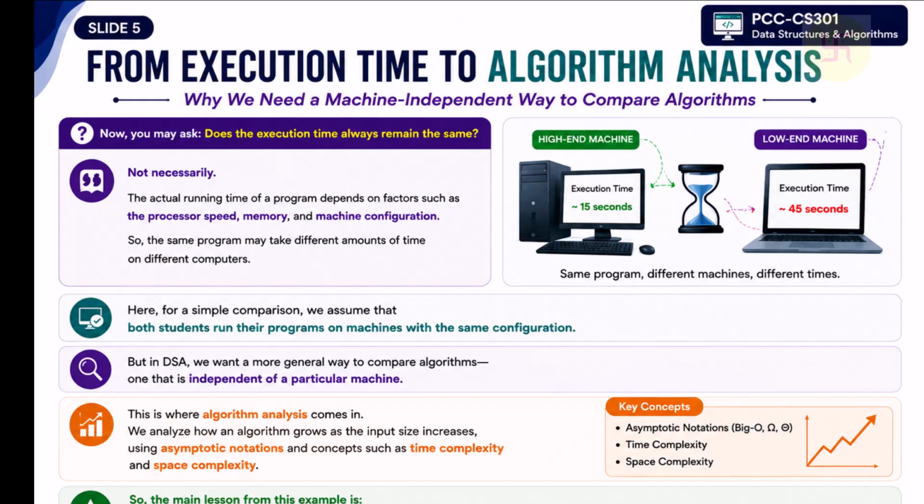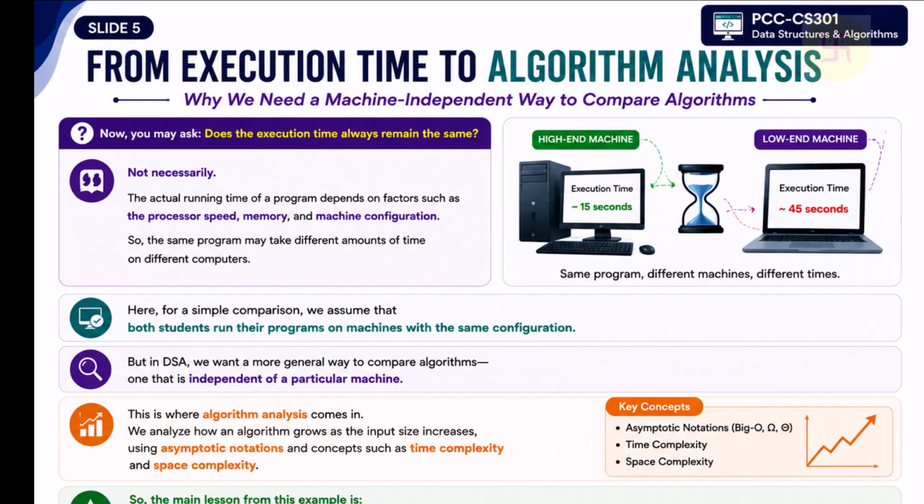But in DSA, we want a more general way to compare algorithms, one that is independent of a particular machine. This is where algorithm analysis comes in. We analyze how an algorithm grows as the input size increases using asymptotic notations and concepts such as time complexity and space complexity.